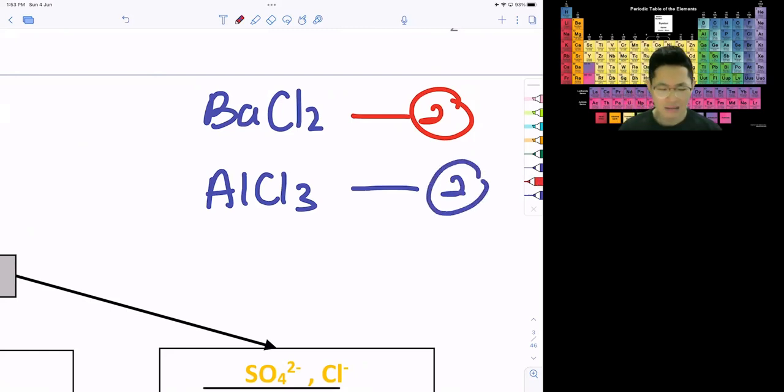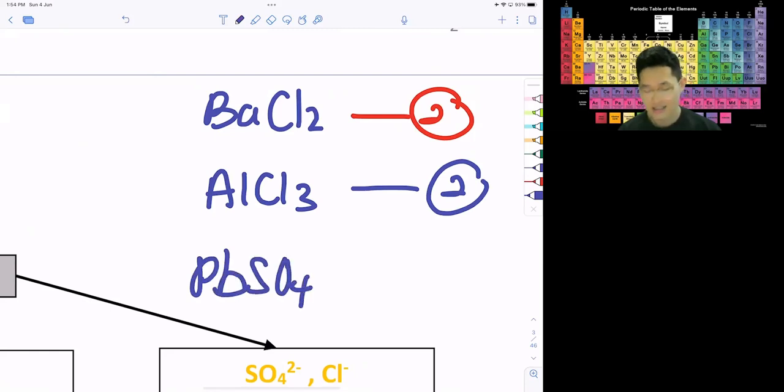Then how about, what is that? PbSO4. Okay, good. Then last one.